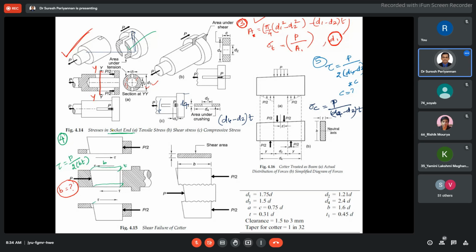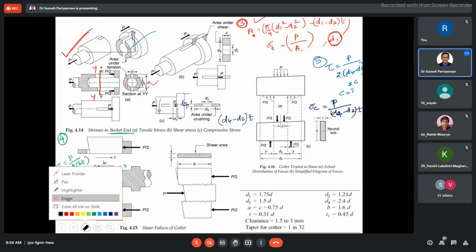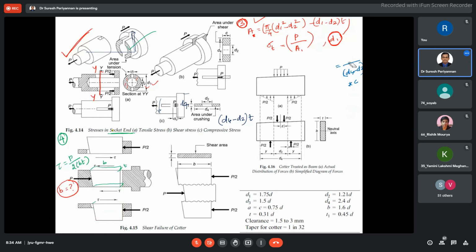Now see here, this is an important one. The force between the spigot and the cotter is assumed to be uniformly distributed.